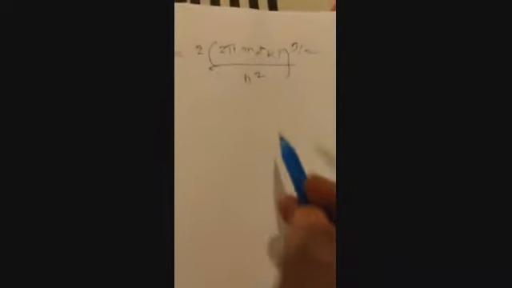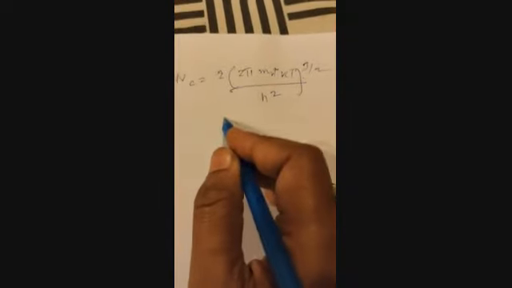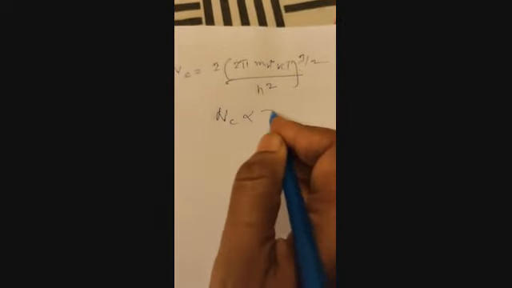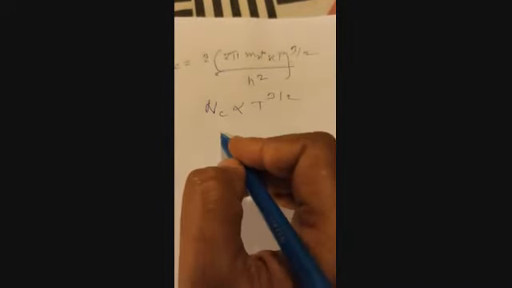If I keep this quantity as it is, mn* and all the quantities are under the root, and within the power of T. So NC is dependent upon T to the power 3 by 2.